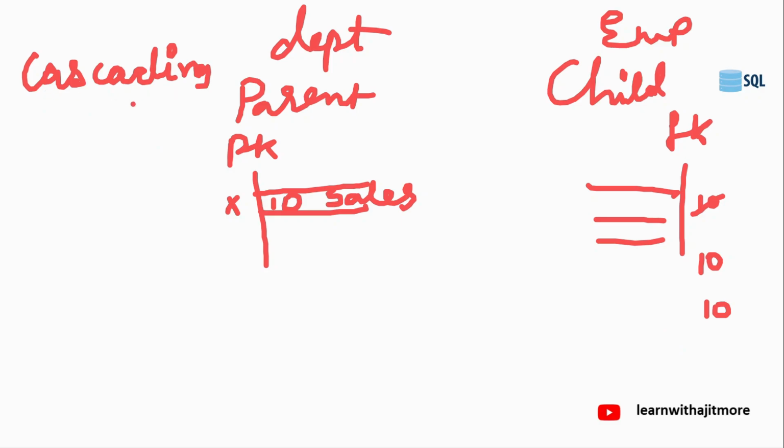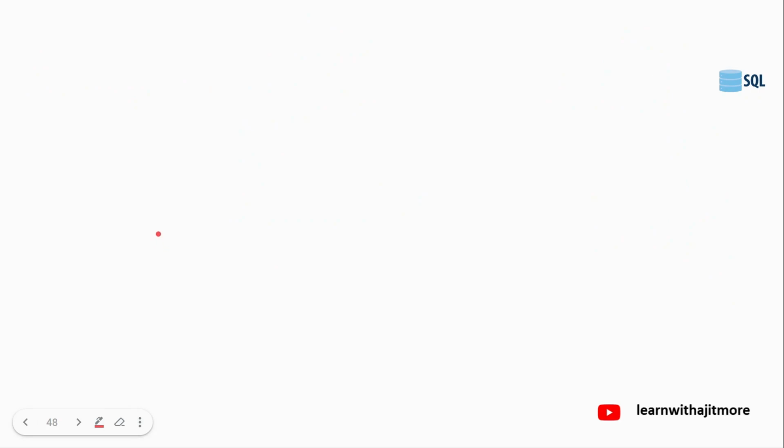Now, how to give these cascading rules? That I'll tell you. When we are creating the child table, that time we write foreign key. Last time we have seen this, guys. If you remember, just please recall it. When we create the child table, in the child table we give foreign key. Then what is your foreign key?